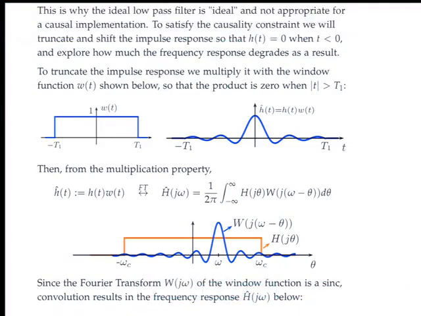So the convolution, multiplication in time is convolution of frequency. That means we are taking a convolution of the ideal h, which is that pulse, with the octopus, which is w. So let's say that h stays put and octopus gets flipped and dragged, right?